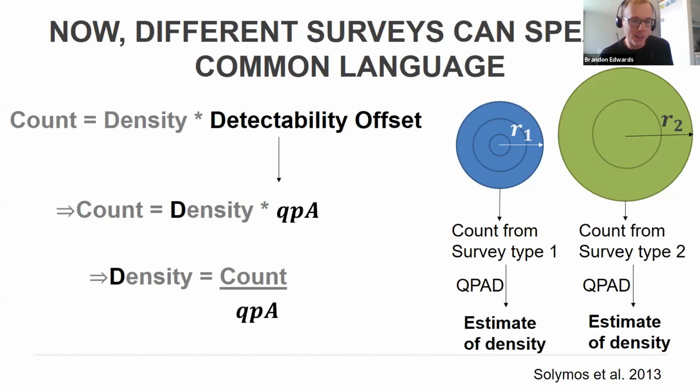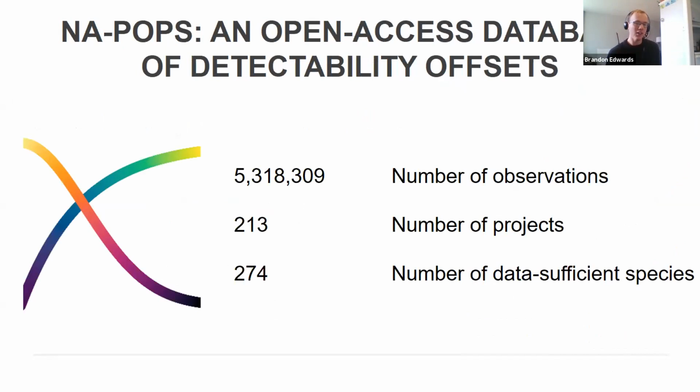So that's pretty useful. And clearly, if we want to go to the next slide here, these detectability offsets are sort of the glue that we need to be able to integrate these different survey protocols. So why not attempt to generate offsets for as many North American land bird species as possible? And indeed, that's the goal of this NA POPS program that Adam was talking about.